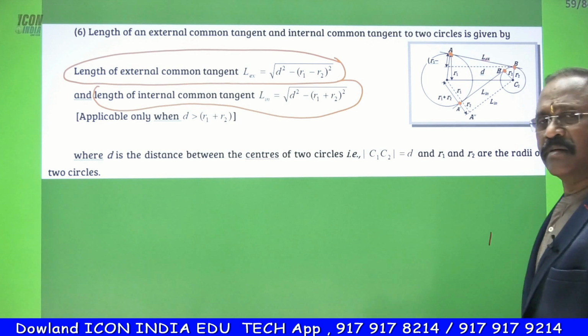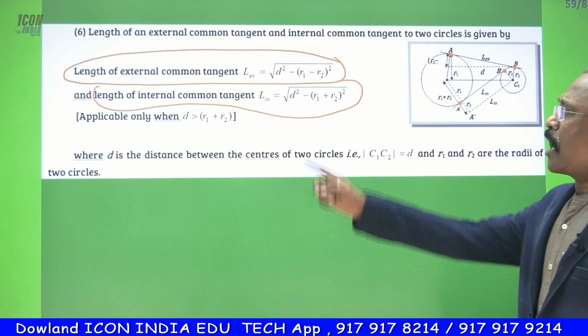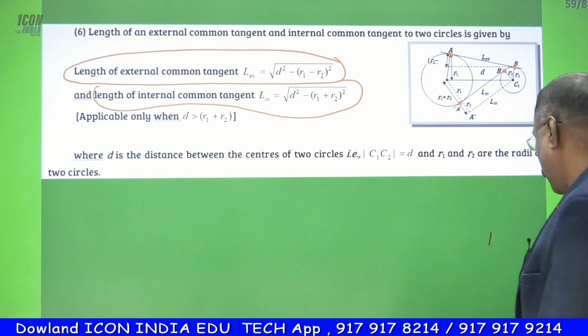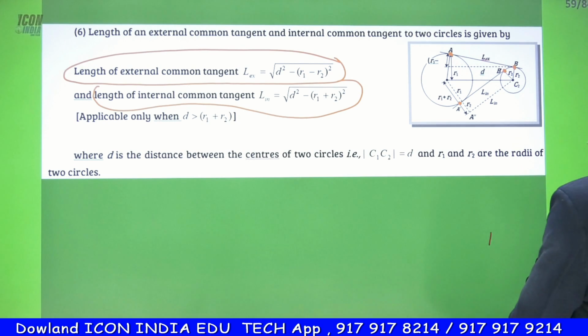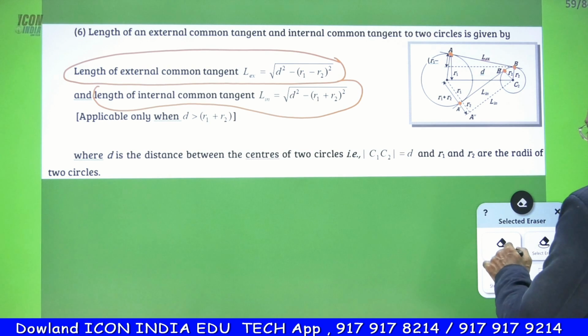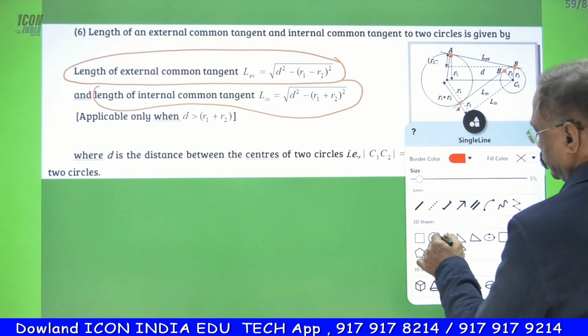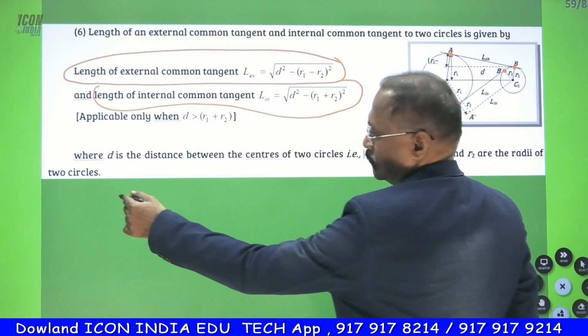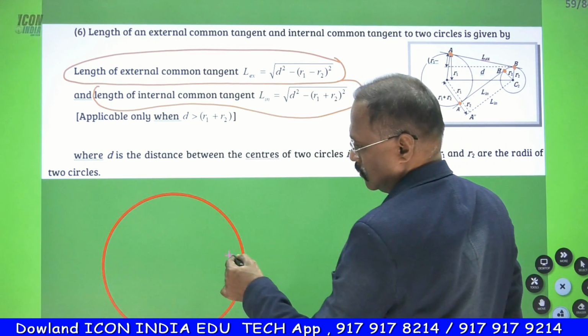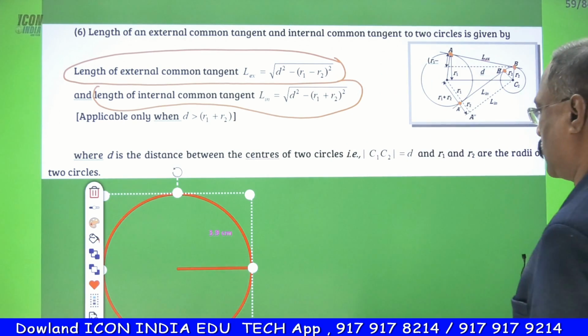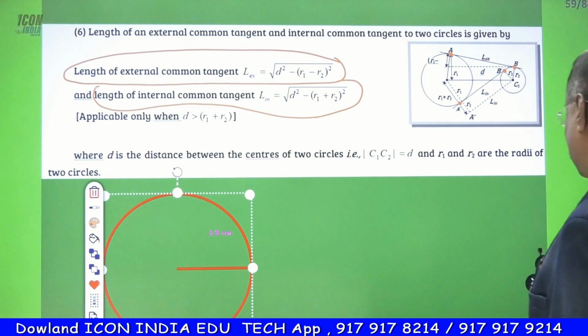And it is very simple. Let me show you how this length of the direct common tangent is proved. This is like this. Let me take a circle, for better understanding. Now let me take a smaller circle.